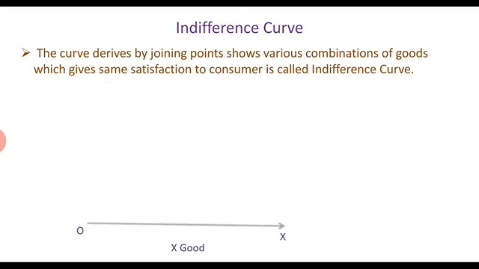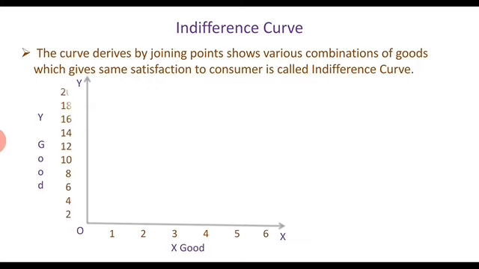X good is shown on the x-axis, Y good is shown on the y-axis.